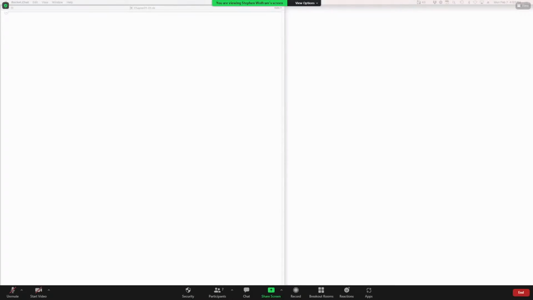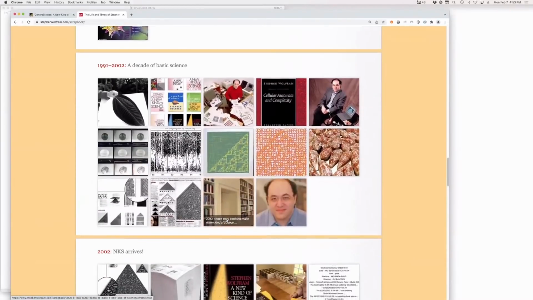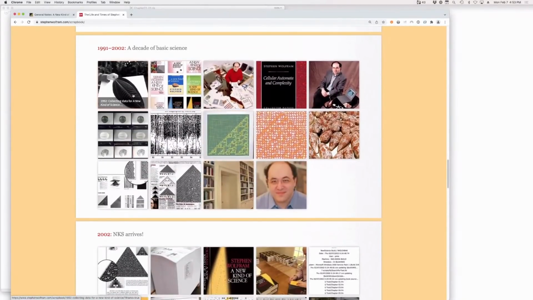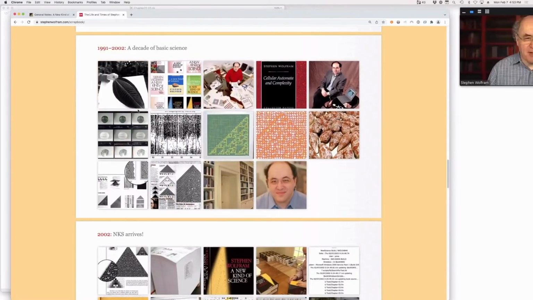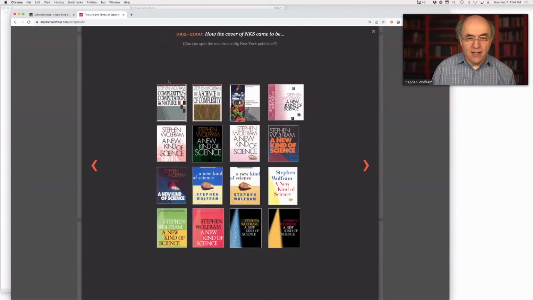Let me just share something here, from my scrapbook. There's a page of leaves in the NKS book, and that was me taking a picture of what turned out to be a very big leaf. But those were some of the earlier drafts.